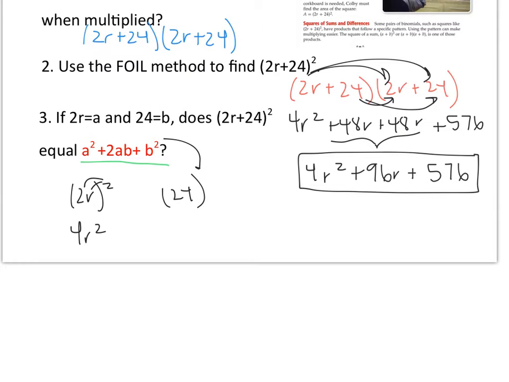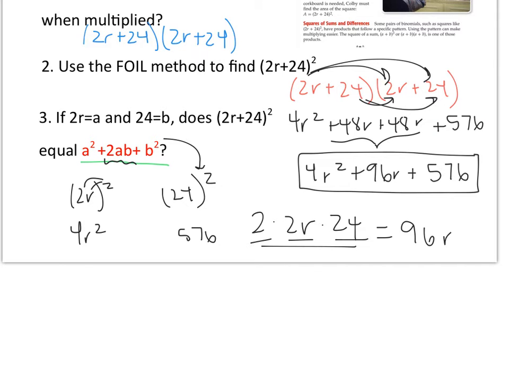And here, 24 squared is 576. So now 2 times ab would be 2 times a, which would be 2r, times b, which would be 24, and that multiplied together gives me, well, 2r times 24 is 48r, times another 2 would be 96r. So this would equal the a squared plus 2ab plus b squared, so it would work.